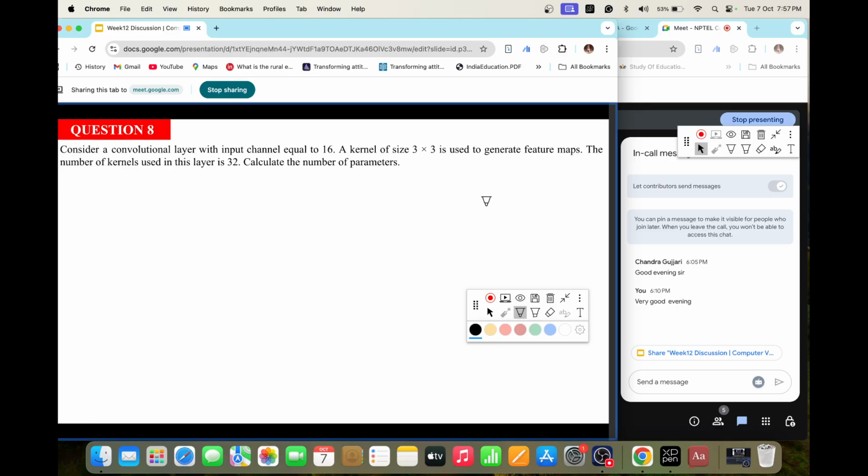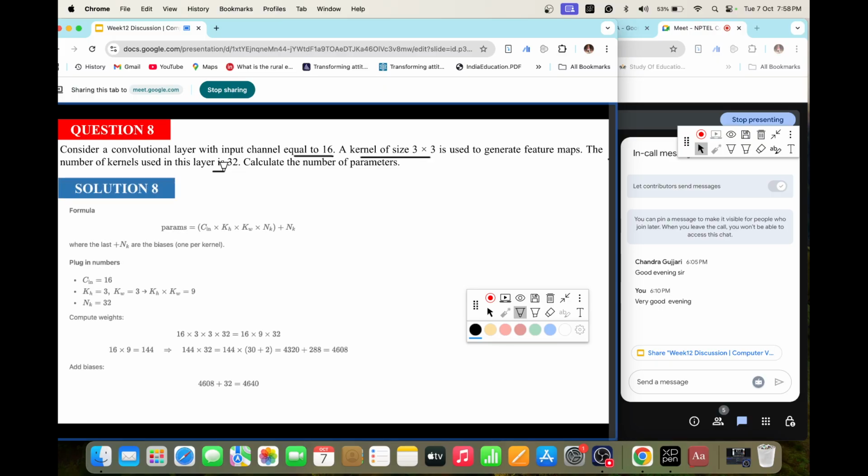So by this, let's discuss another problem. Consider a convolution layer with the input channel equal to 16. A kernel size 3 cross 3 is used to generate a feature map. The number of kernels used in this layer is 32. Calculate the number of parameters. Again, the number of parameters is very easy, that is the same formula.